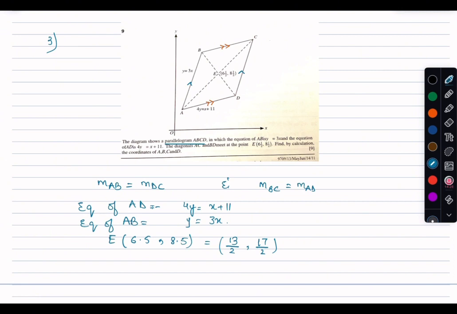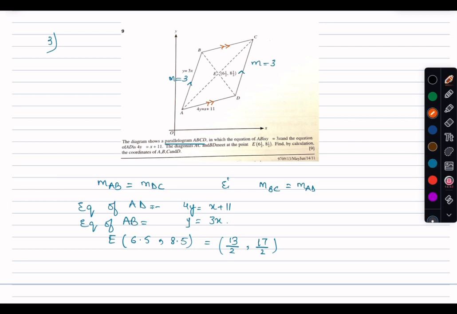Alright, so to find the coordinates of A, B, C, and D, what I know is that if I look at the equation y equals 3x, I can see that the gradient of AB is 3. Therefore, the gradient of CD is also going to be 3.